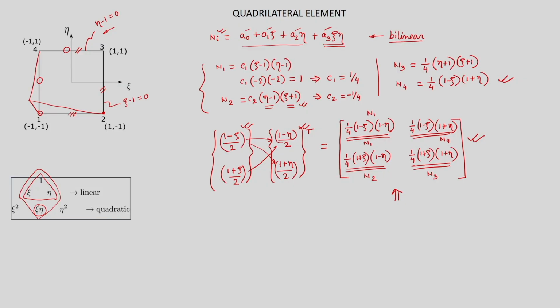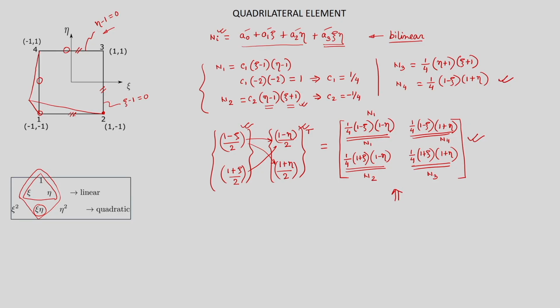Now, we know in the one dimensional case that if the shape function is of degree p, then in a given element p plus 1 shape functions are non-zero, and since we are taking the tensor product of the corresponding shape functions in the 1D case to obtain the shape functions for the quadrilateral element, here we will have (p plus 1) whole square basis functions in a given quadrilateral element.